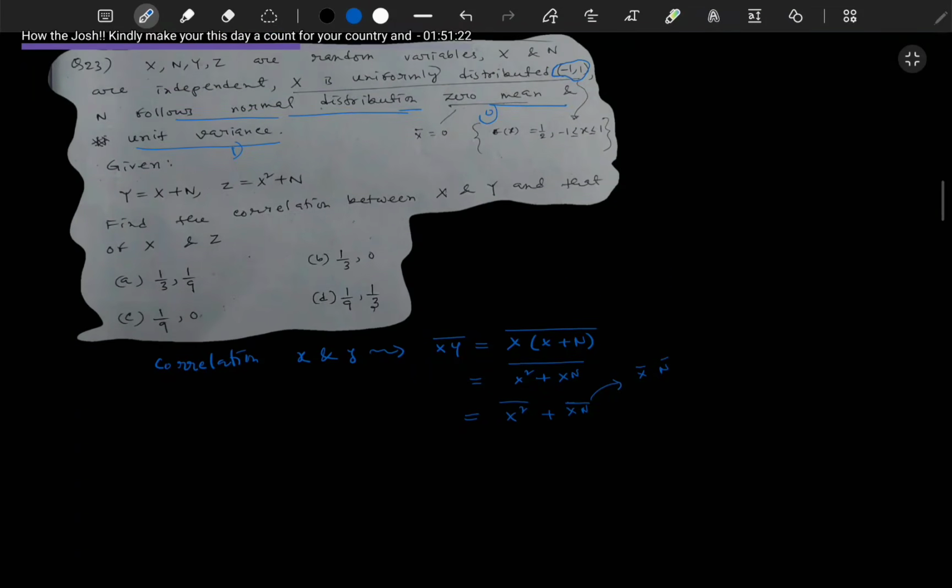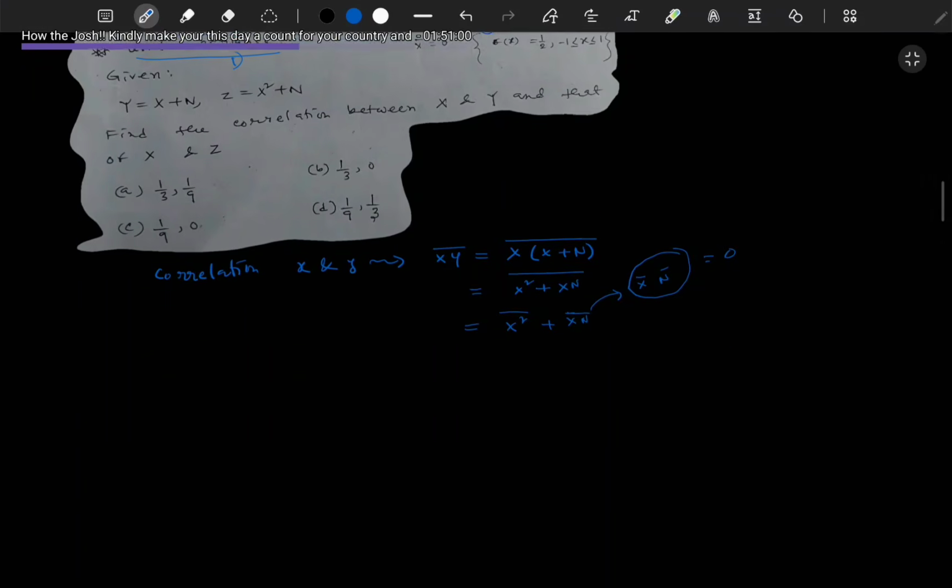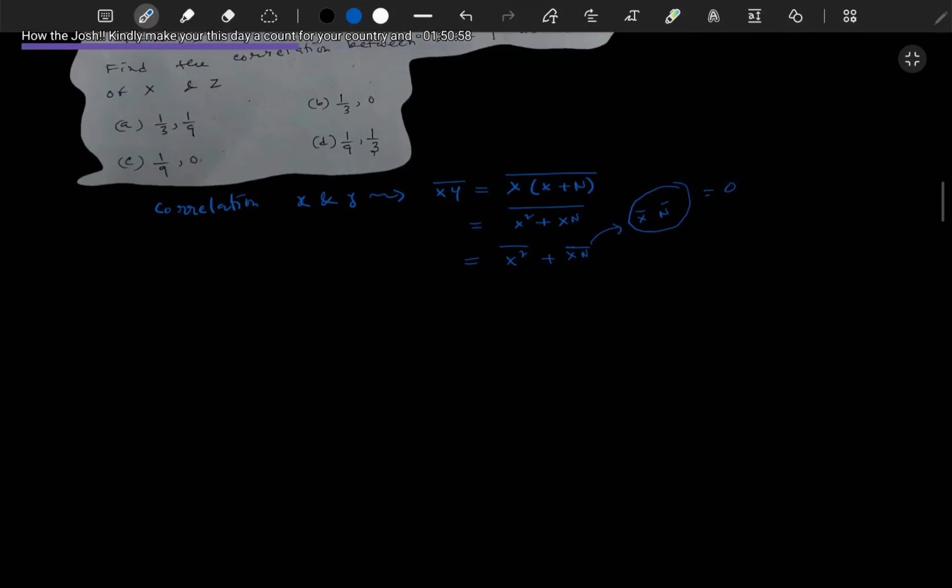And this value is 0 because here it is written zero mean. Now we need to find out this X square value.